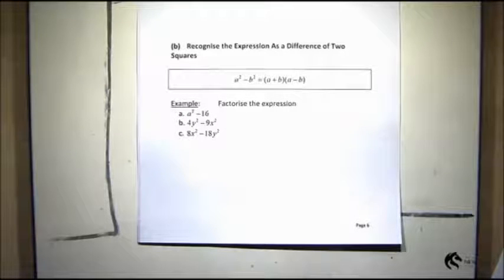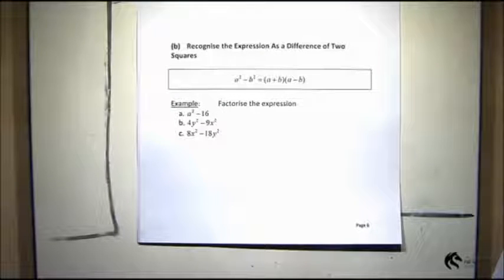Okay, so in this example, we tried to factorise the expression by looking for a factor that was common in every single term. We can factorise expressions sometimes even when this is not the case.